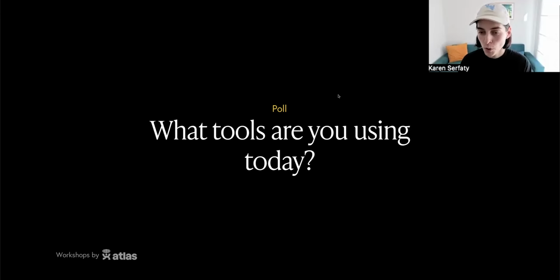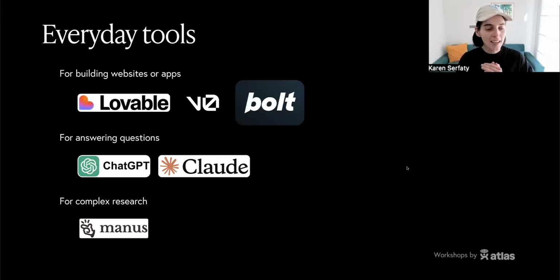So these are the two most popular tools, but from what I'm seeing, for most of you this will probably be your first time seeing or using a tool like Lovable or V0. So hopefully you will get a lot out of this workshop today. So that is awesome.